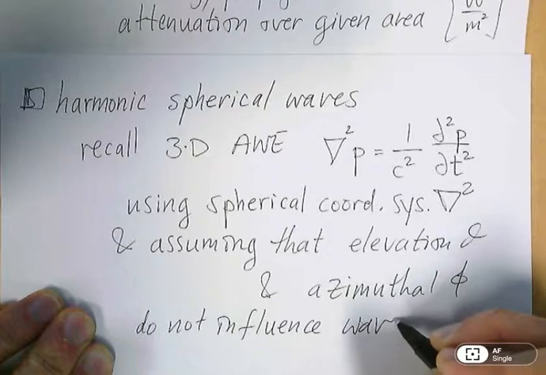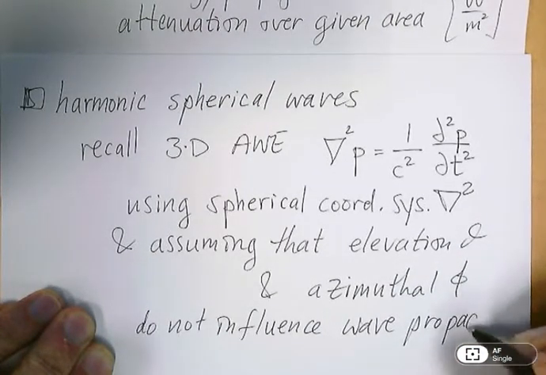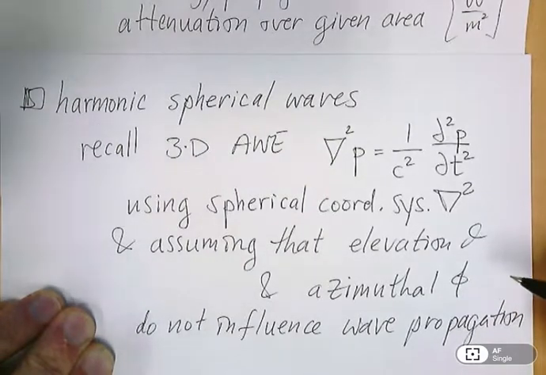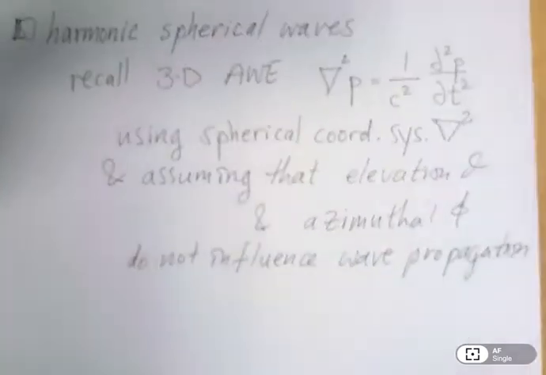So in other words, considering waves propagating in different angle combinations doesn't actually change the propagation characteristics, which is absolutely the most common thing that we are exposed to day to day.